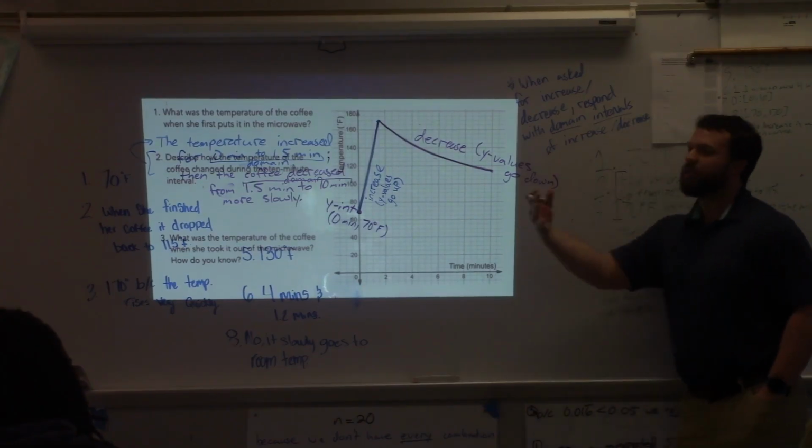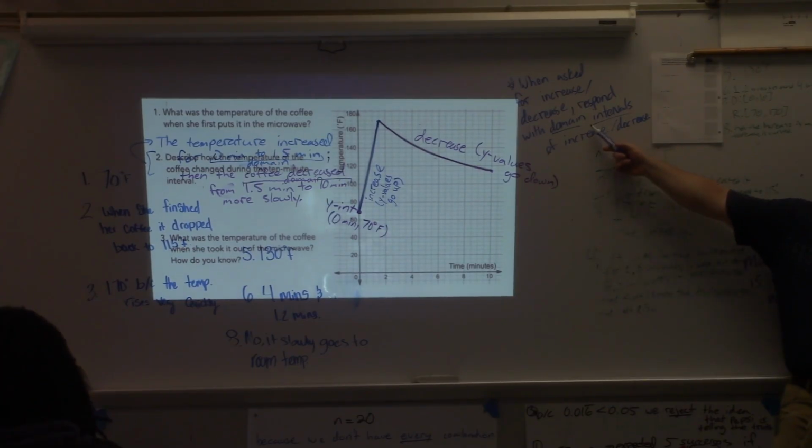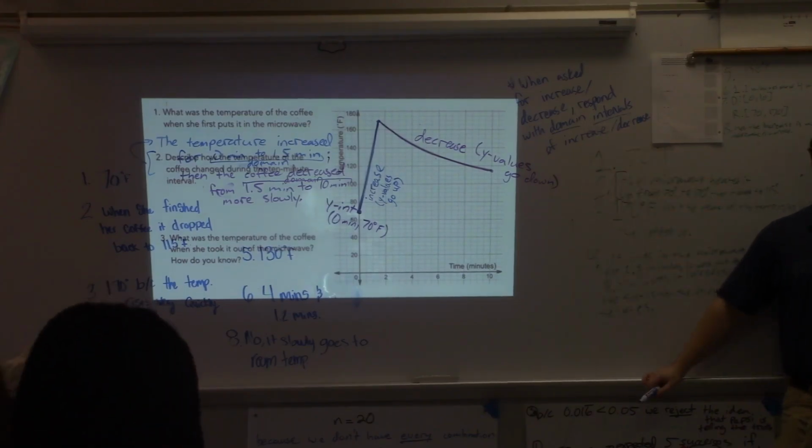Notice, I told you the x values. I gave you the domain values that it was increasing and decreasing on. Whenever a mathematician or a teacher asks for the intervals of increase or decrease, they're not asking for the outputs, they're asking for the domain intervals, the inputs. Okay? That is what is being asked for.